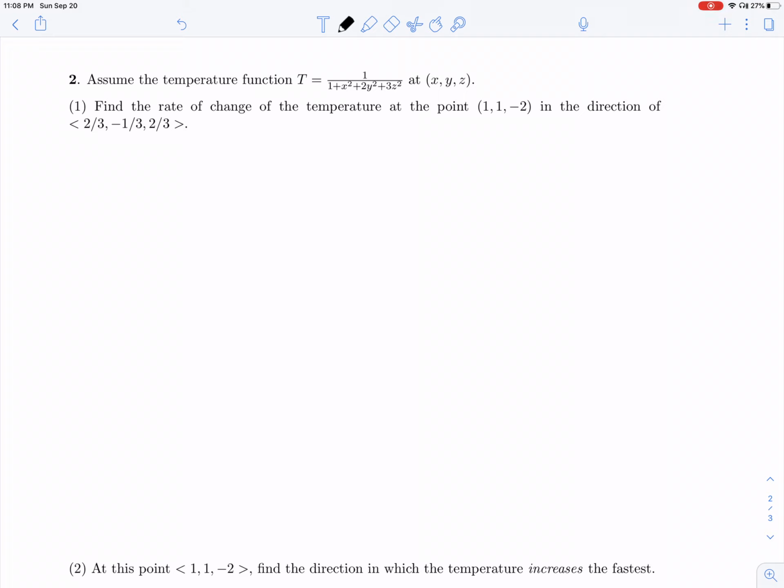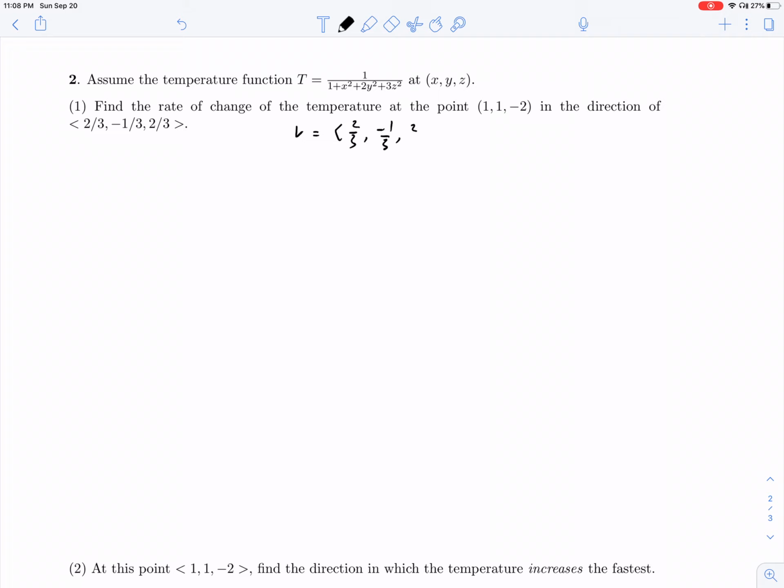Okay, so first one, find the rate of change of the temperature at the point (1, 1, -2) in the direction of (2/3, -1/3, 2/3). Now, just look at this vector v over here. This is specially chosen so that it's a unit vector.